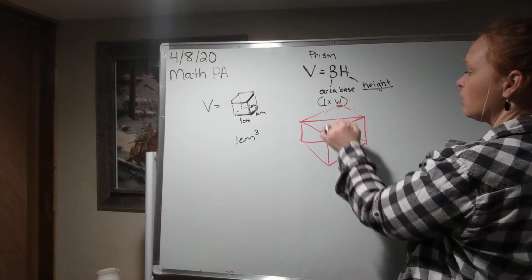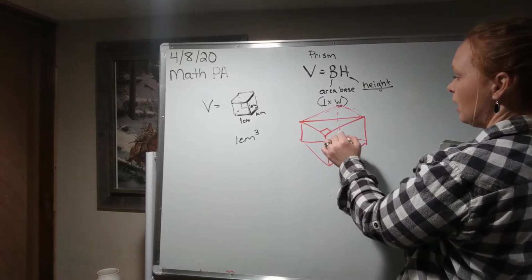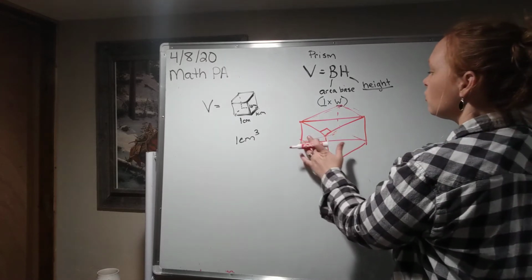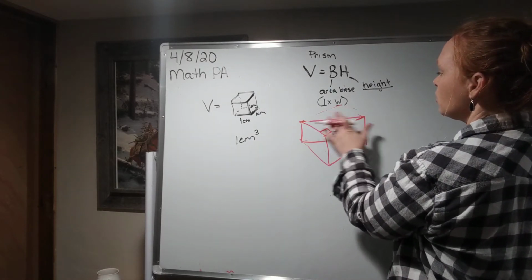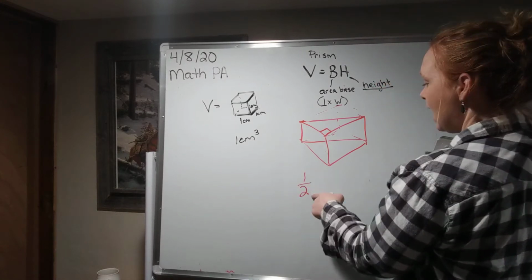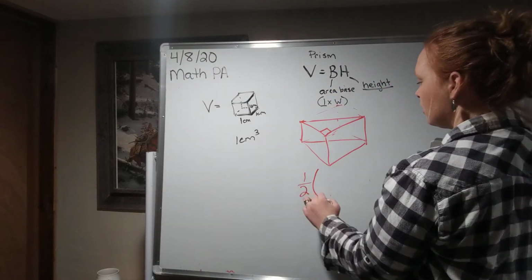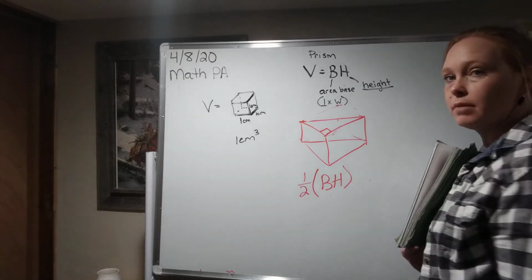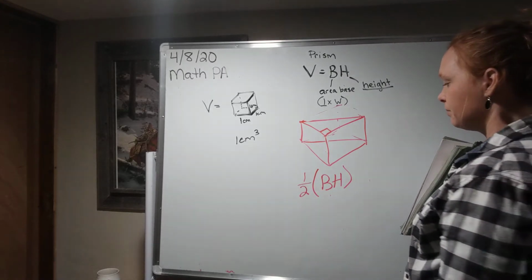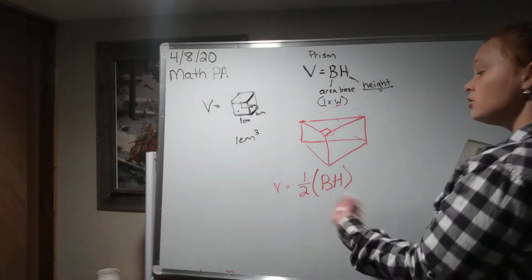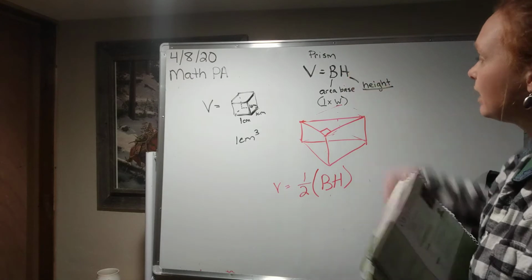Do you see the rectangle on top, right? And like this, and now I have a rectangular prism. Because remember, a triangle is half of a rectangle. So I'm just going to take half of the volume of a rectangular prism. Okay, so the volume of a triangular prism is just going to be half of a rectangular prism.